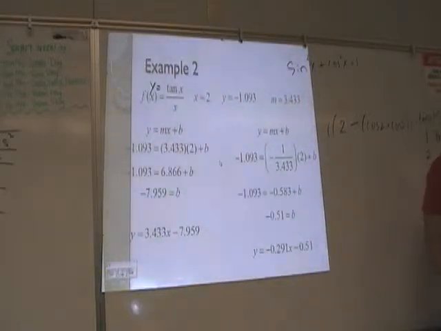Okay, but this slide you should be able to do anyway. You've done this a bunch of times. Write your equation for tangent, write your equation for normal.